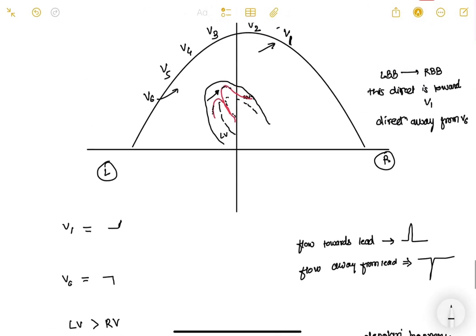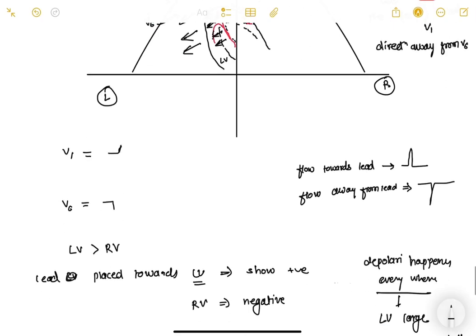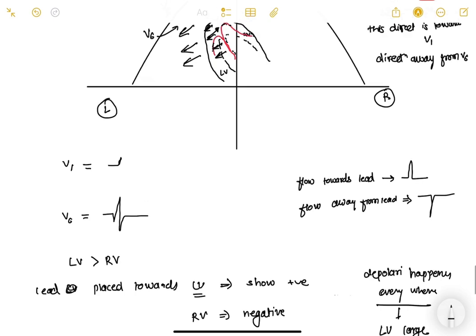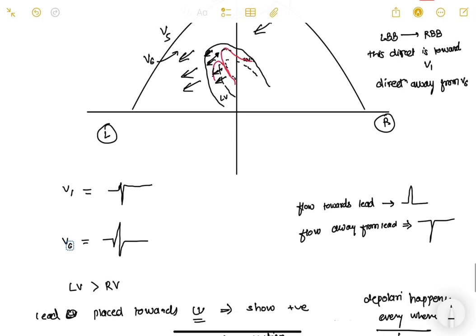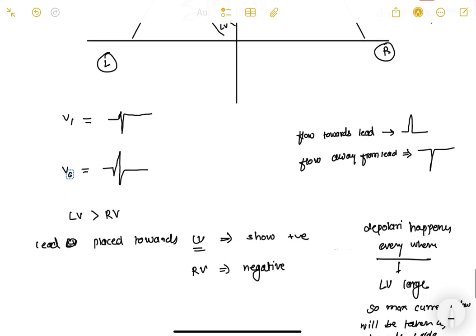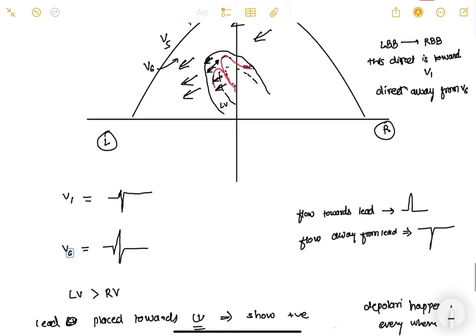During the ventricular depolarization, everything is moving towards the left. So in V6 we will get the positive deflection. And what about V1? It is away from V1, so we will get the negative deflection. So these are the main features of V1 and V6.